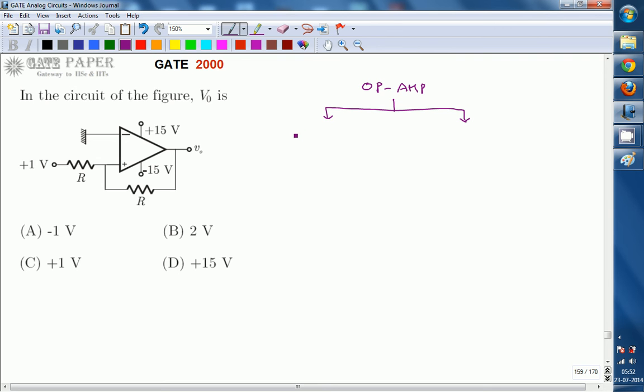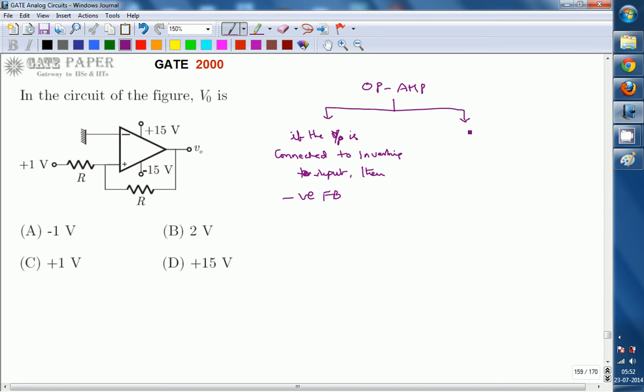If the output is connected to the inverting input, the feedback is known as negative feedback.